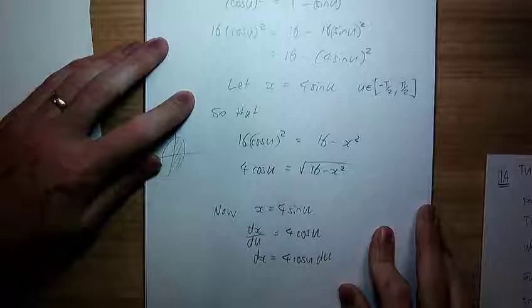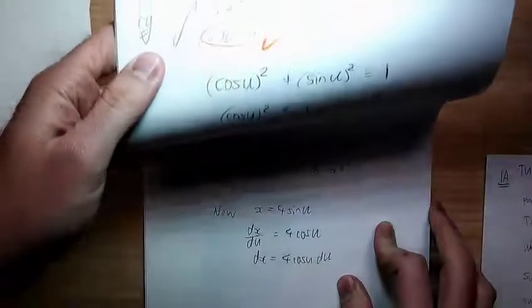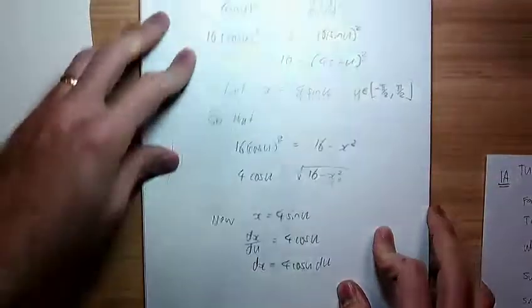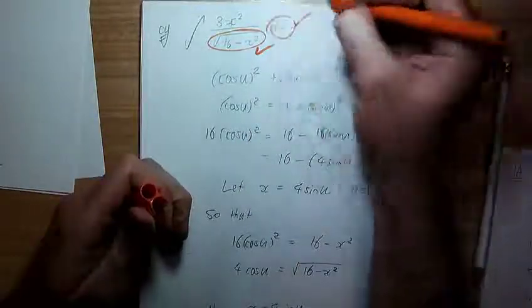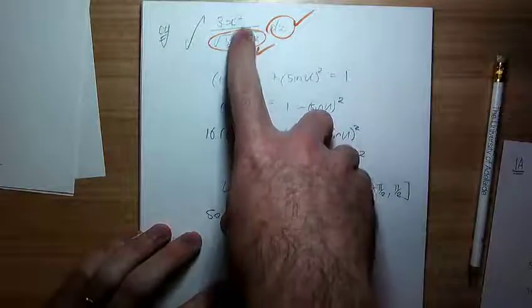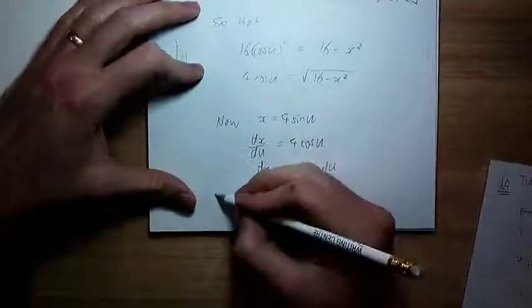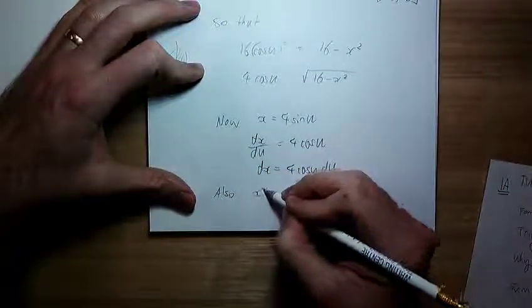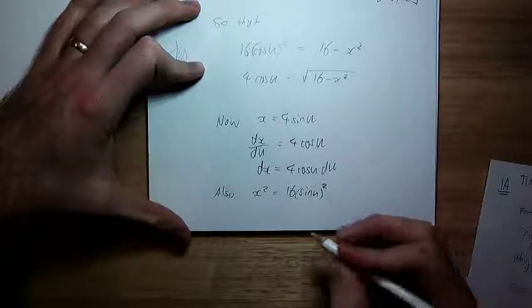Okay, so back in my integral. Oh, that's bad, sorry. All right, I've dealt with the dx. I can replace that with 4 cos u du. And that just leaves me to deal with this 3x squared. Oh, well, I can do that too. x squared must be 16 sine squared u.